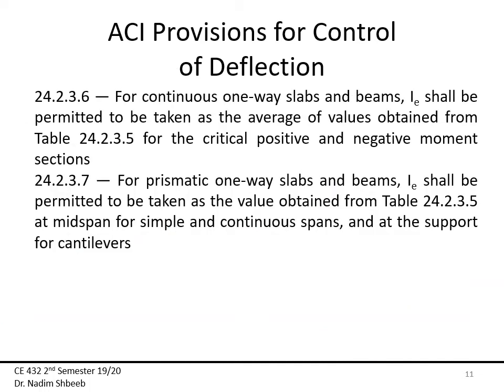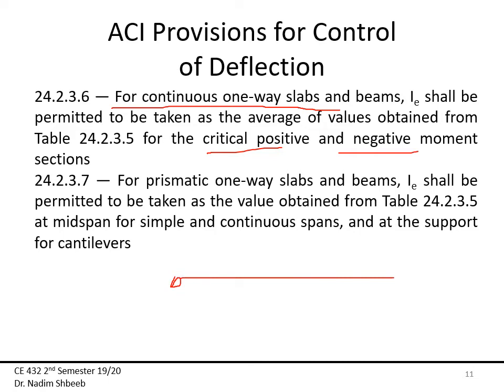Now, one more thing regarding the values of the effective moment of inertia. This part is telling me if I have a continuous one-way slab or beams, then IE can be taken as the average value for the critical positive and negative moment sections.